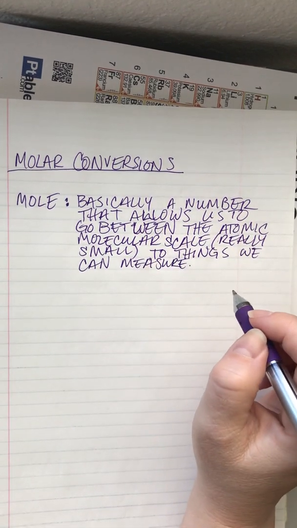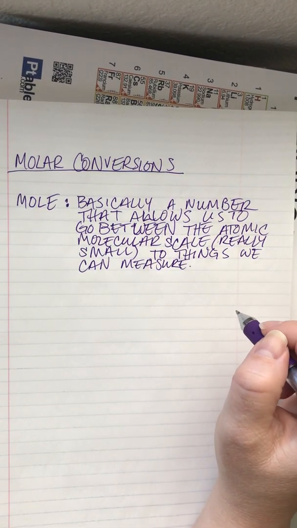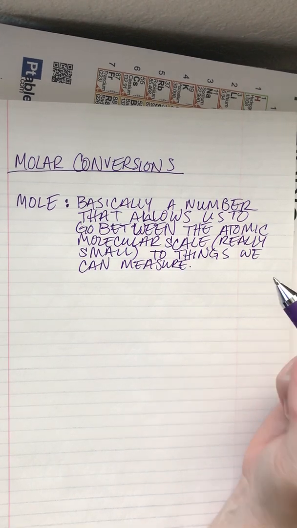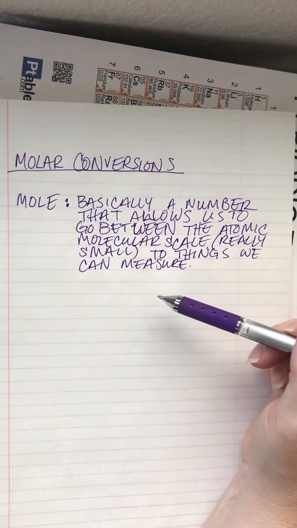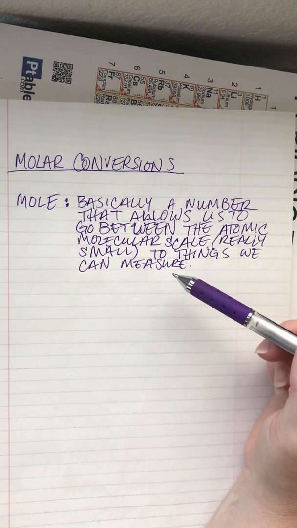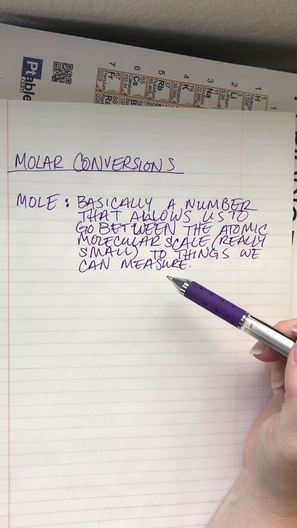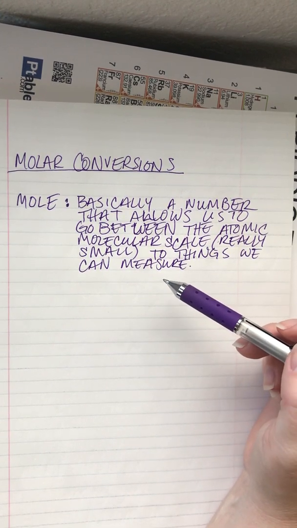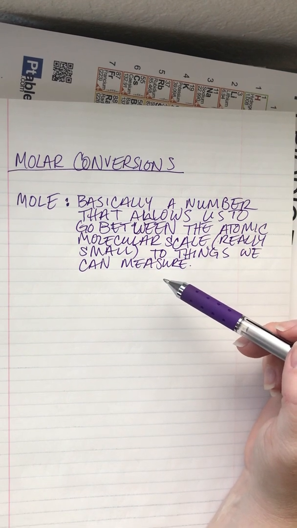Right? So things that we can measure, things that are tangible, things that we can hold. When we're talking about atoms and molecules, we're talking about a nanoscopic scale. These are really, really small things.